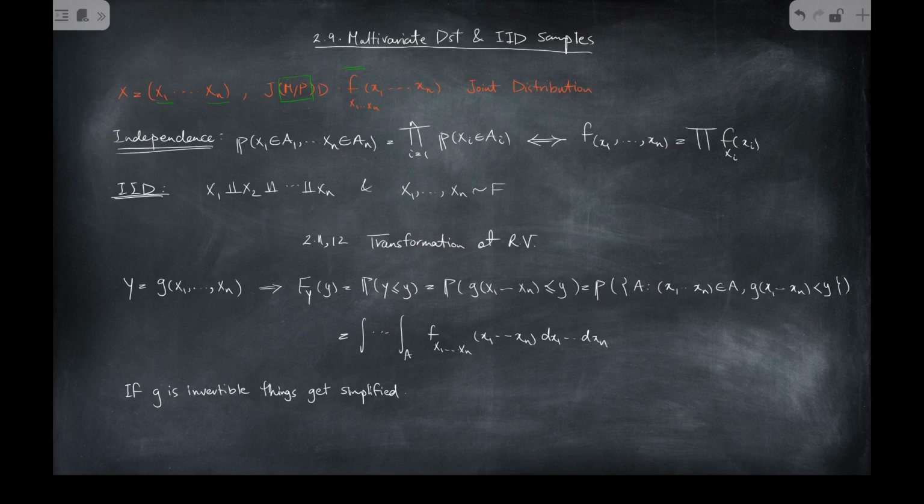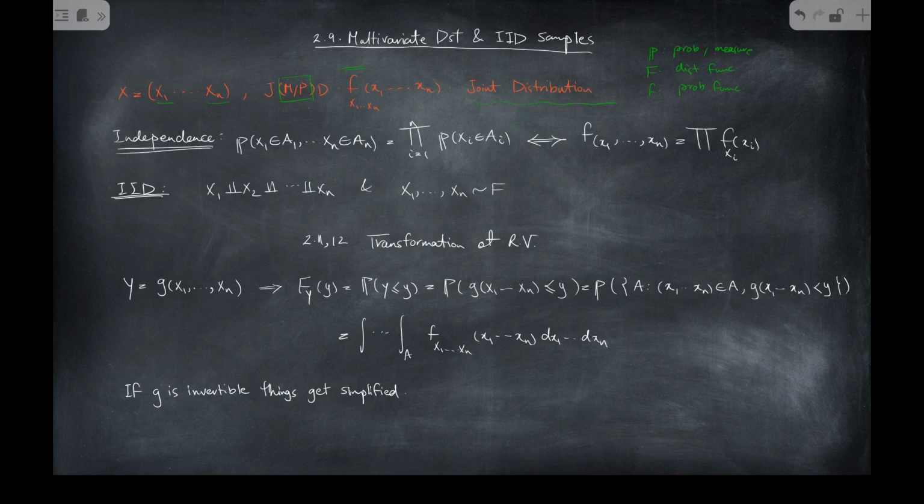And again, the notation is confusing. Remember that for P, we call it probability or probability measure. And for CDF, we call it cumulative distribution function. So we call this distribution function, and we call this probability distribution function or probability mass function, or in general probability function. But now we call this joint distribution.